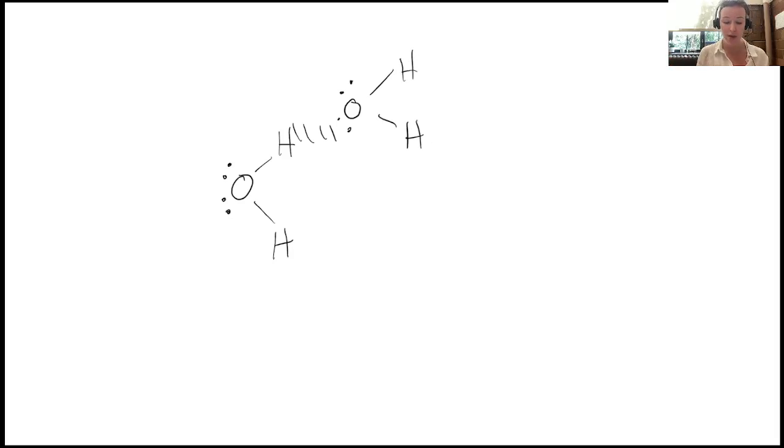And I could do the same thing for the next water molecule, for example, like this, always demonstrating that the interaction is happening between the hydrogen and a lone pair on the oxygen. Up next, we'll talk more about interactions in water.